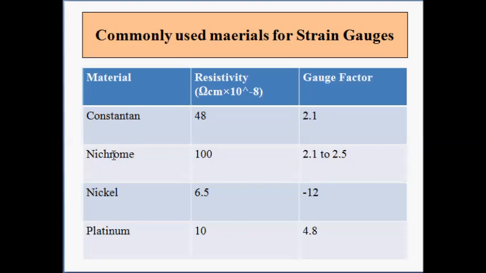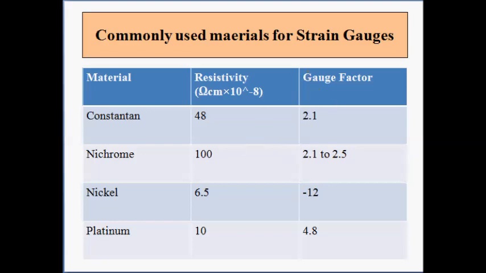Then there are bonded and unbonded strain gauges. There are many materials used, but these are the basic 4 materials which are generally used for strain gauges. So, the resistivity and gauge factor values are given, you can note them down if you want.